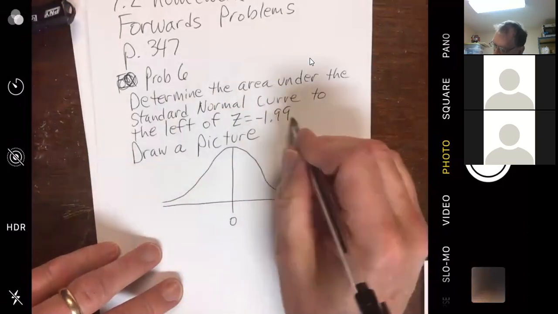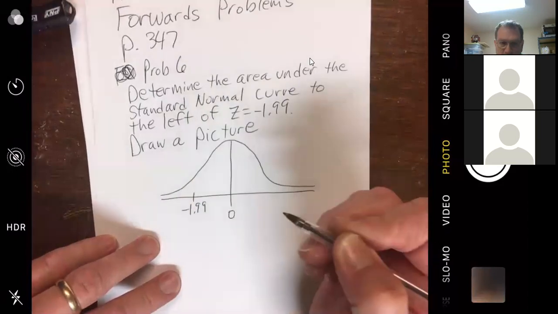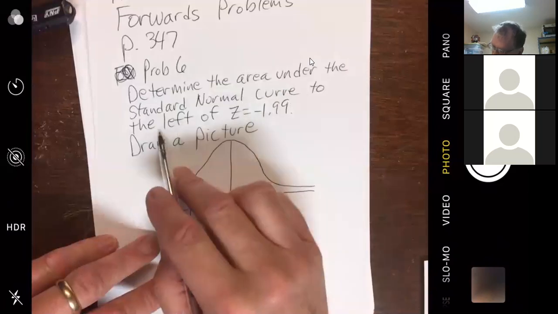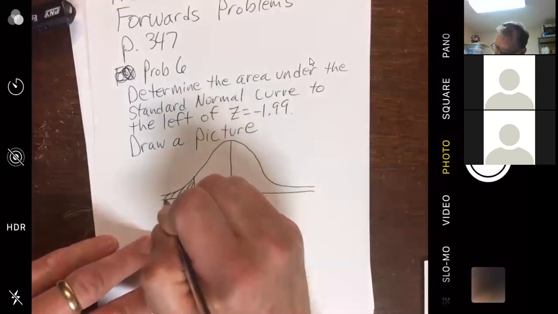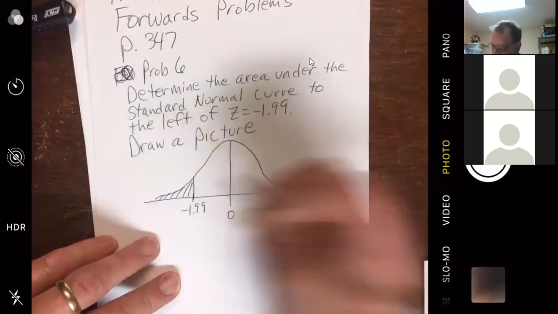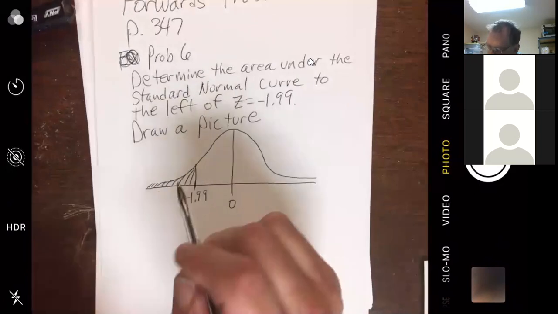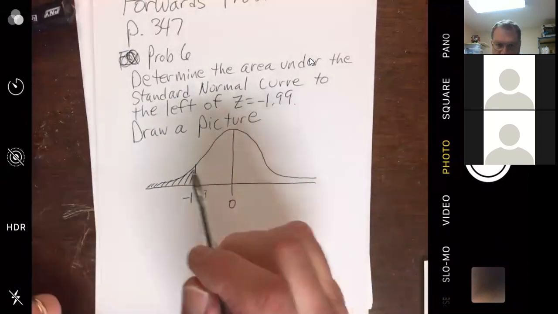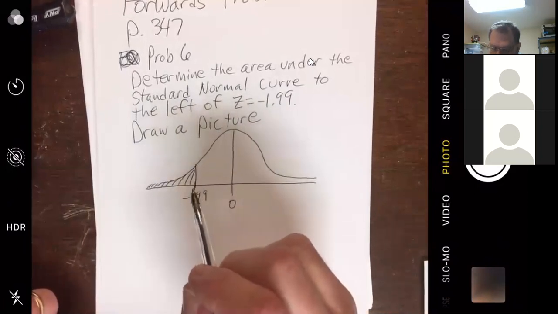So negative 1.99 has got to be over here somewhere, and they want the area to the left of that. So I'm going to draw straight up to the curve and shade to the left. Any questions about picturing these conditions? Very important.